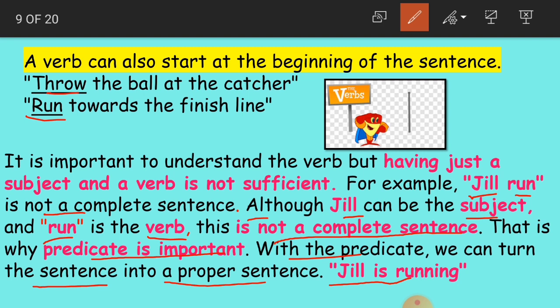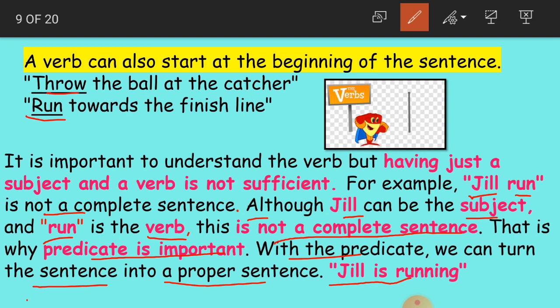You have to use an existence verb again, which is is. So, Jill is running. Clear, children? To have a proper sentence, you need a subject, a predicate, and a verb.